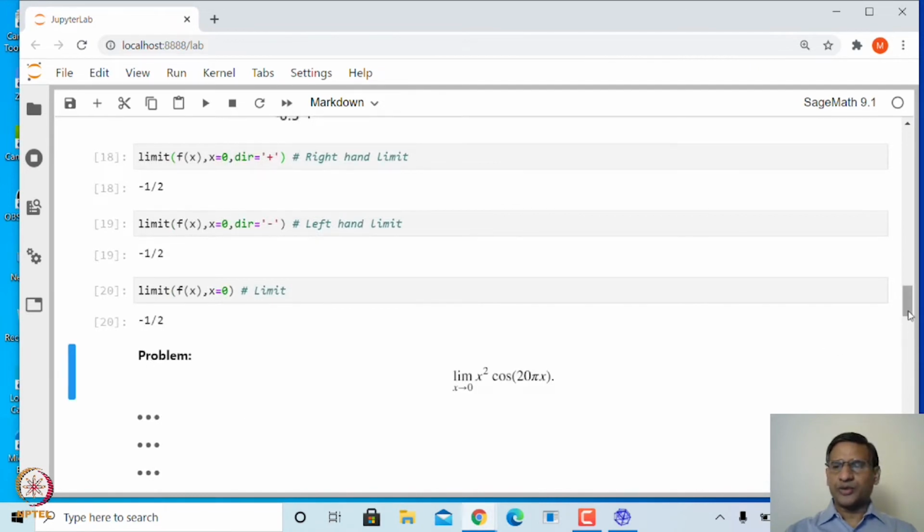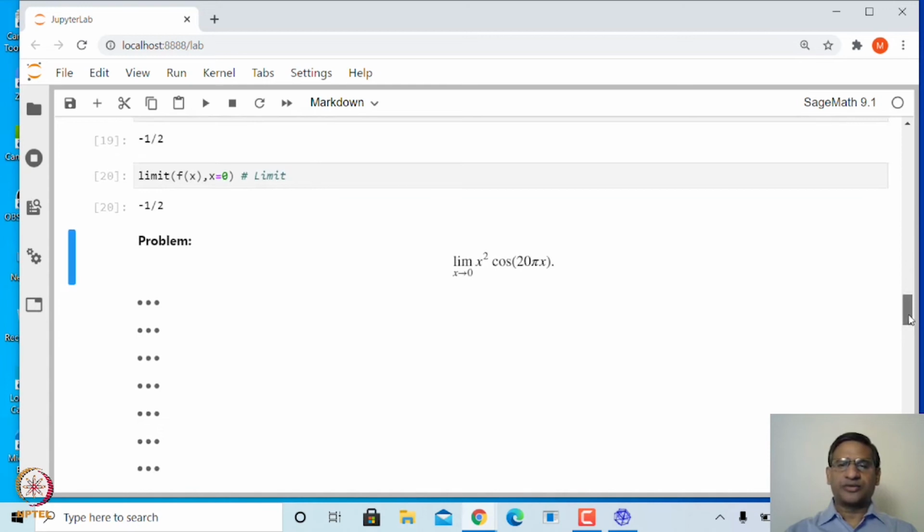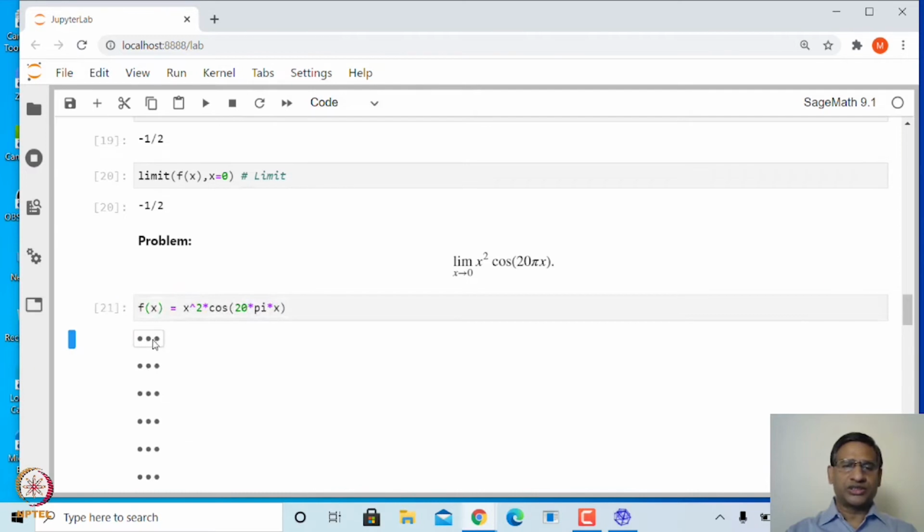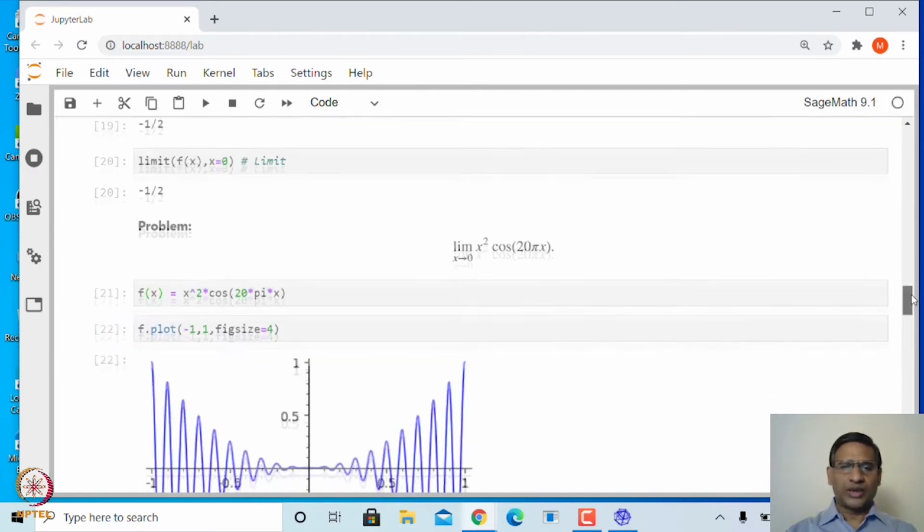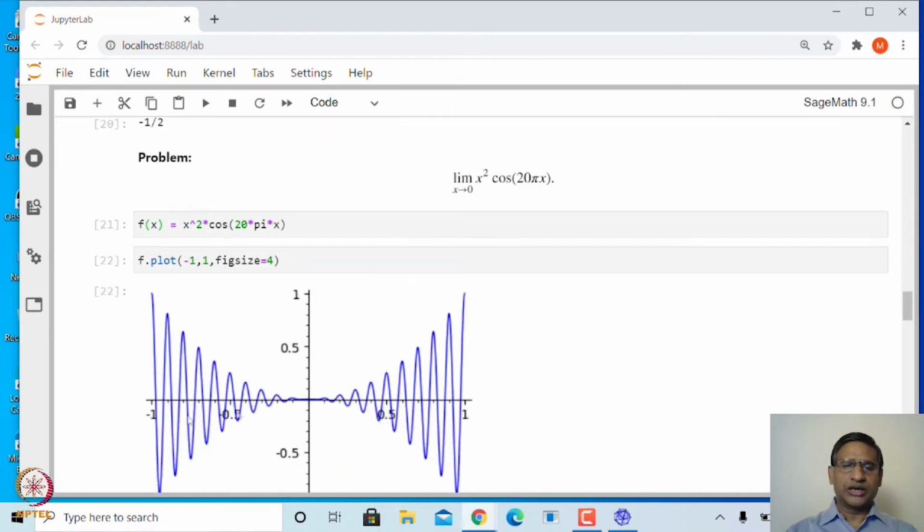Similarly, let us look at another problem. If we want to find the limit of x square into cos 2 pi x. Now, to find the limit of this, again let us plot the graph of this function. First let us define what f of x is, and then let us plot its graph between minus 1 and 1. This is how the graph looks. So, you may observe here that cos always lies between minus 1 and 1.